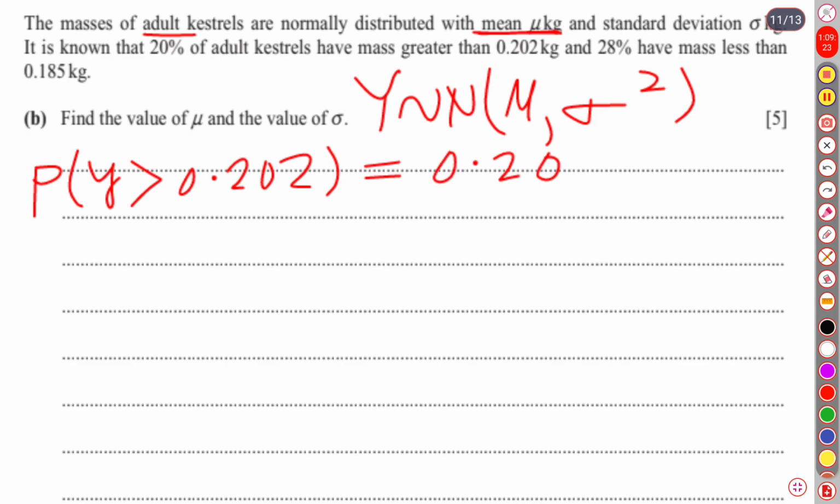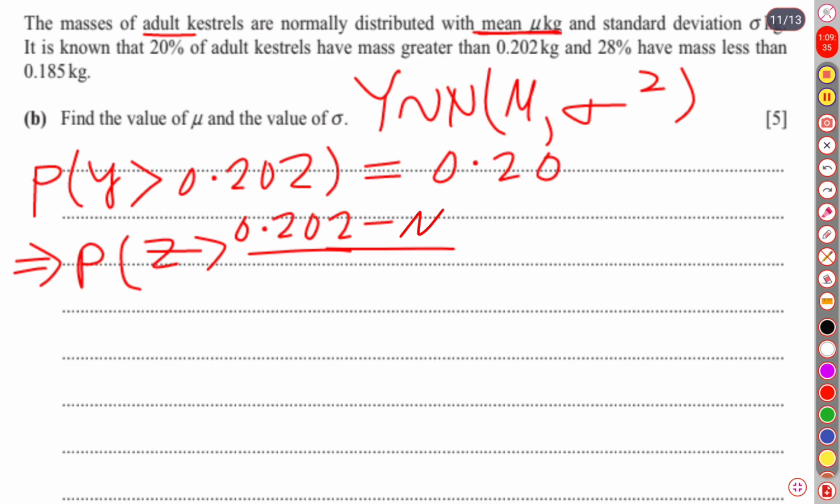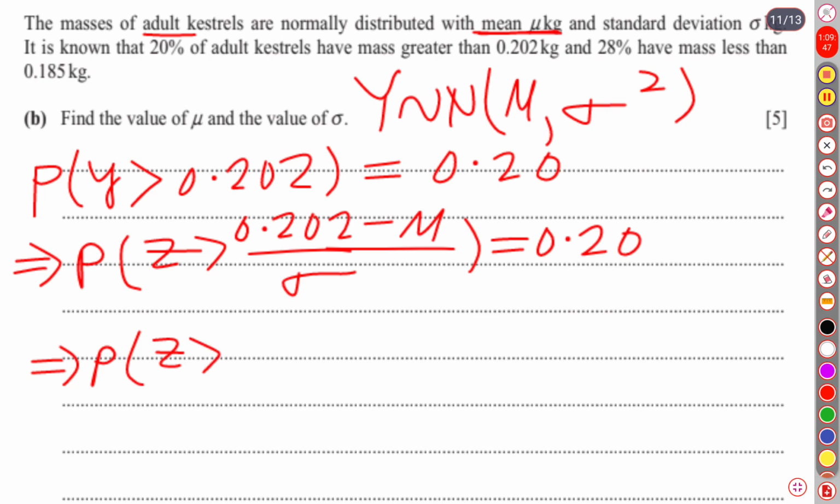If we standardize the score, the probability of z greater than (0.202 minus our mean value) over the standard deviation sigma equals 0.20. Now for the probability of 0.20, we will have to find the corresponding z score. And look at this, 0.20 is the tiny part in the graph. If I show you from the graph, look at this.